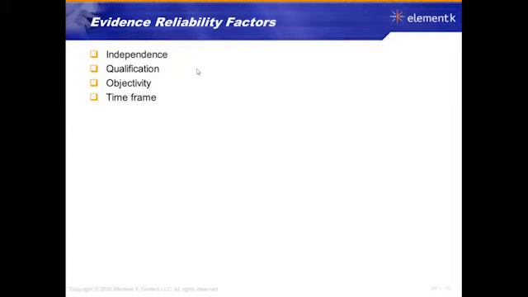Now, evidence can be really reliable and really useful, and it can be just junk. And so the factors that make it more reliable, first of all, how independent is the evidence? Did it come from an independent source? If it comes from someone within the department with an axe to grind, then it's not very independent. But if it came from a third-party vendor who said, yes, I have this, or from another auditor, or from someone who's not involved in that department or that company or that process, the more independent the source, the more reliable the evidence is.